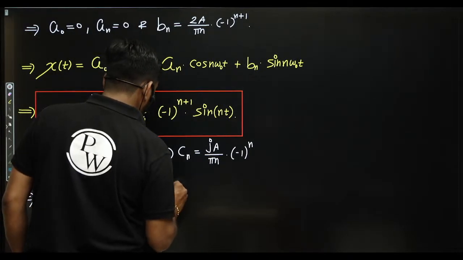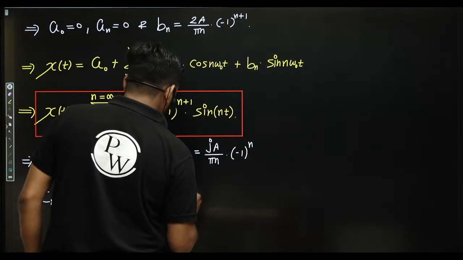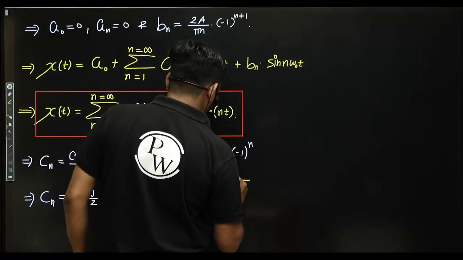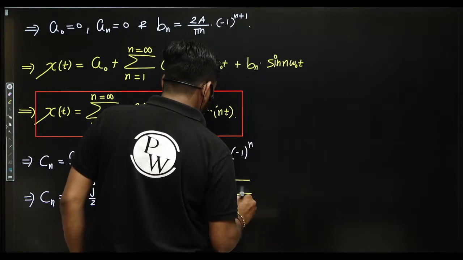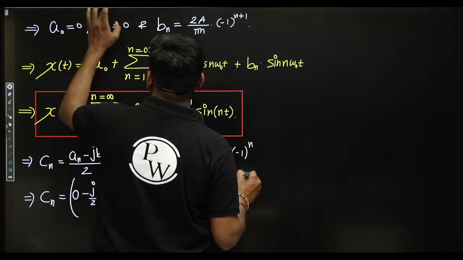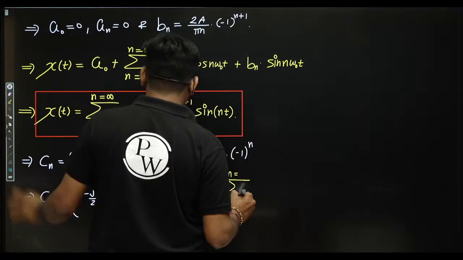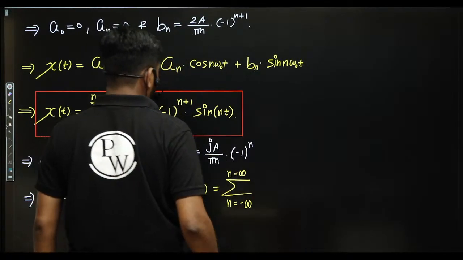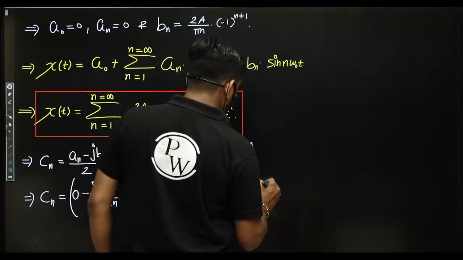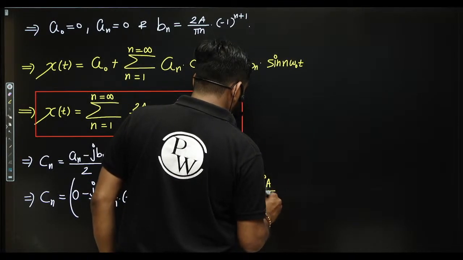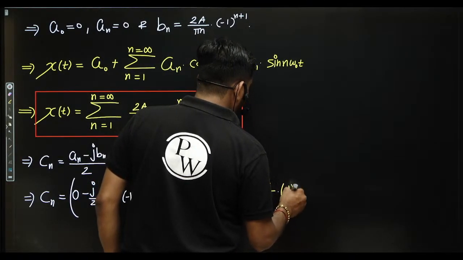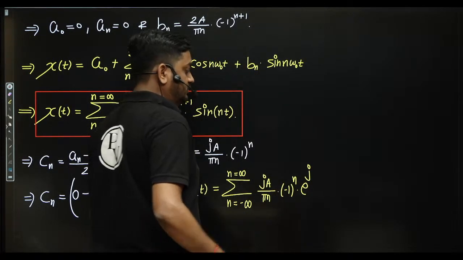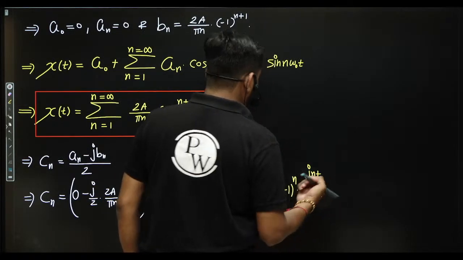And the exponential Fourier series representation, x of t is equal to summation n from minus infinite to plus infinite, Cn. So Cn is nothing but ja divided by pi n into minus 1 power n, e to the power j n omega 0 t. Omega 0 is 1, so e to the power j n t, guys. Fine.